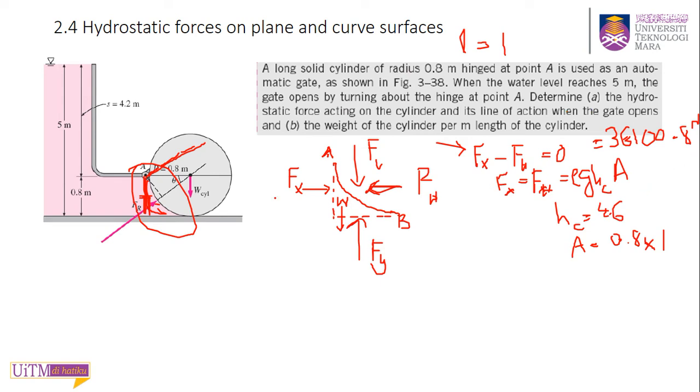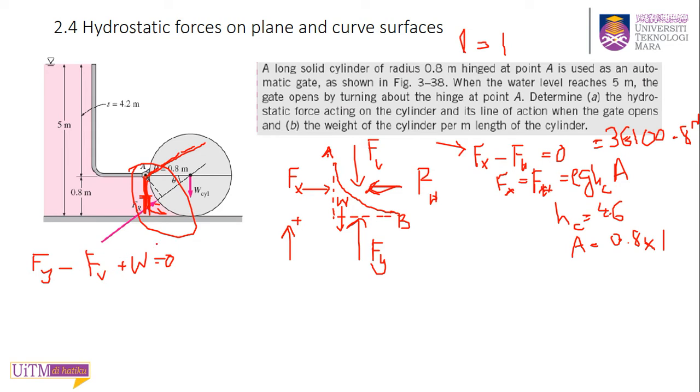Okay, so FH. Next, what else? Fy minus Fv plus W equal to 0. I assume you take upward as positive, right? So Fy minus Fv plus... no, are you sure?